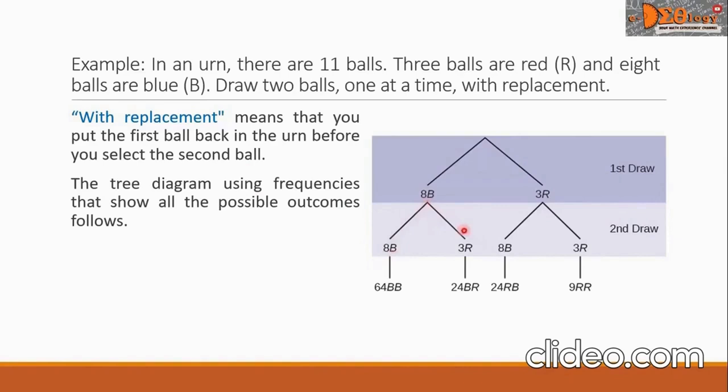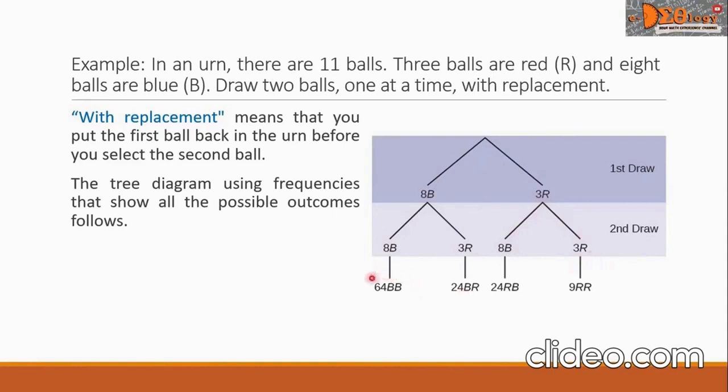In the second branch, there are 3 balls. On the second group of branches under 3 red balls, this first branch represents the 8 balls. The second branch represents the 3 red balls.